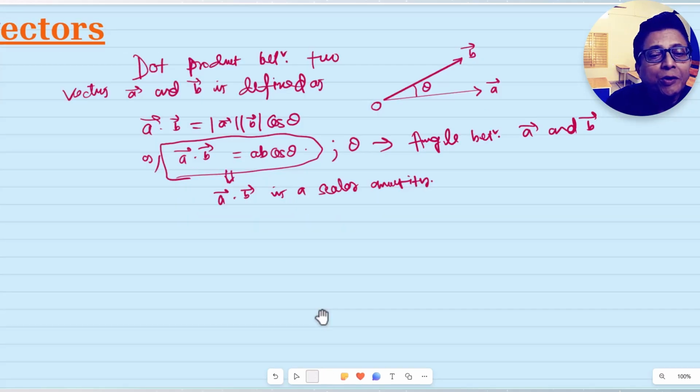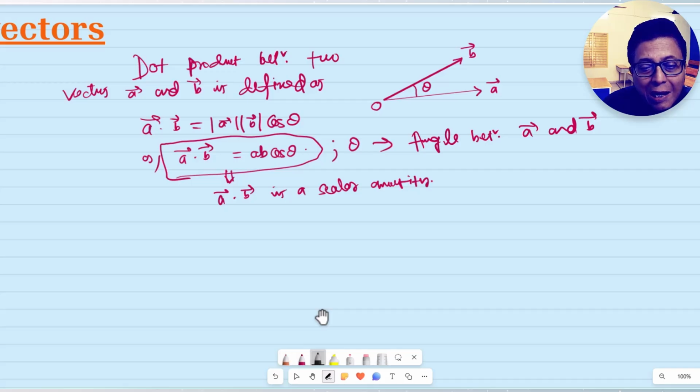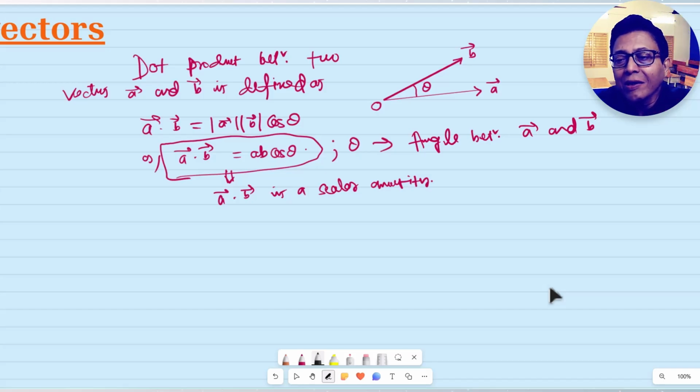Why? Before we do the application of dot product, or take some important notes on it, we'll first try to realize what A dot B means. There are two vectors, they may be anywhere.